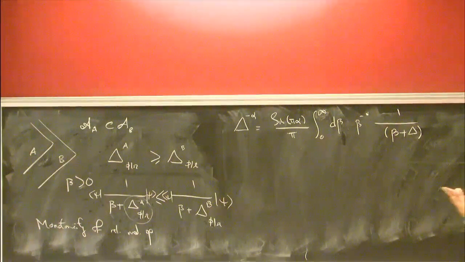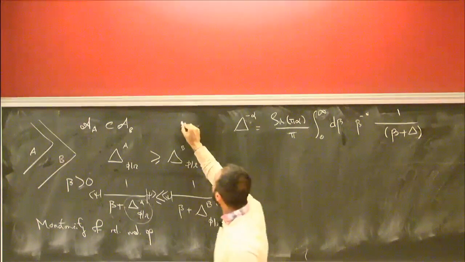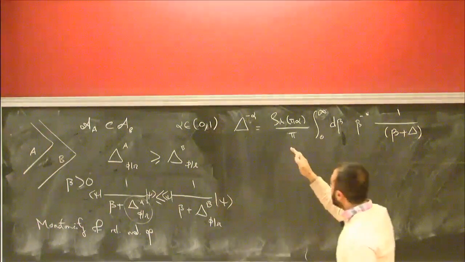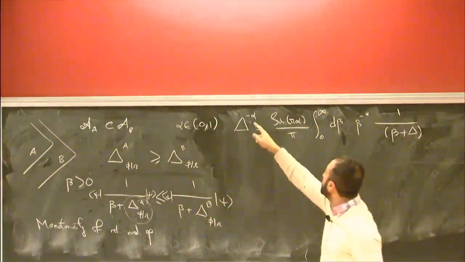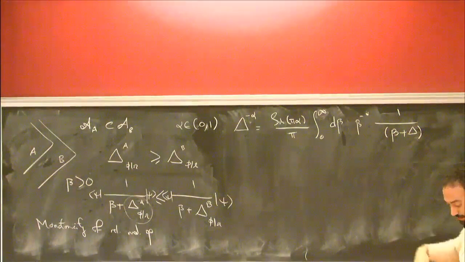And then there's an analogous expression for when this is positive. So I picked alpha to be between 0 and 1. Sorry, I should have said this. And there's an analogous statement for when alpha is positive. There's a sign that's different here, and then there's a shift of 1 over beta.